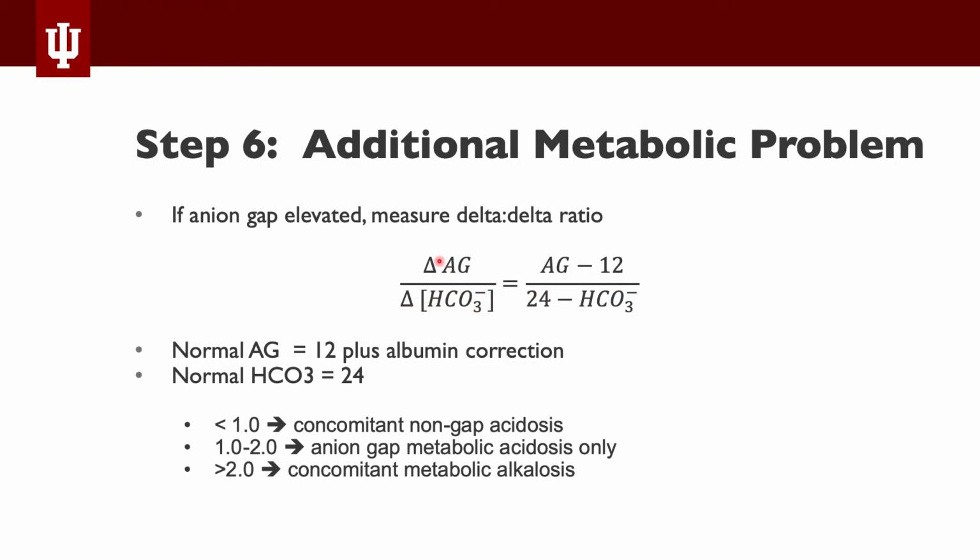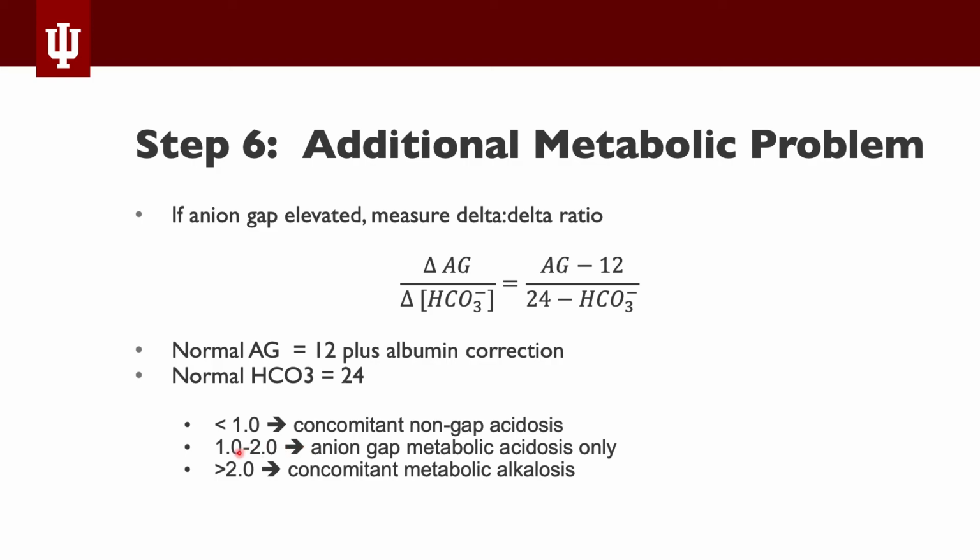This is why this is called the delta ratio or the delta-delta ratio. So for instance, if the anion gap is 24 and my serum bicarbonate is 12, then I would have 24 minus 12, that's 12, and 24 minus 12 is 12 here. So I would have 12 over 12, and that would be 1.